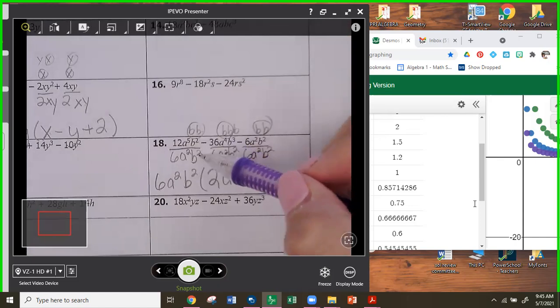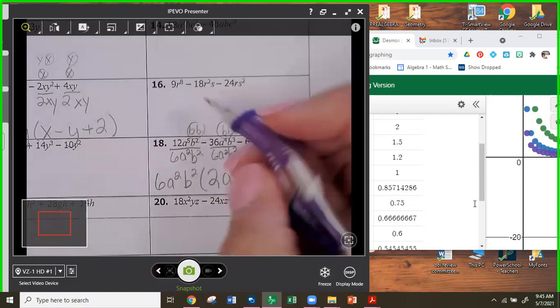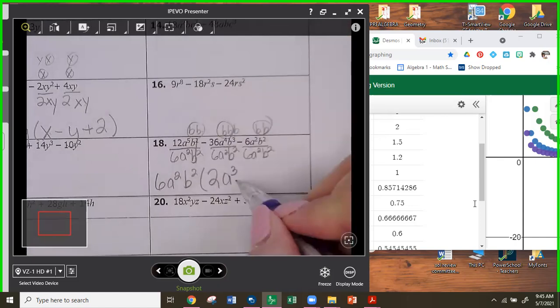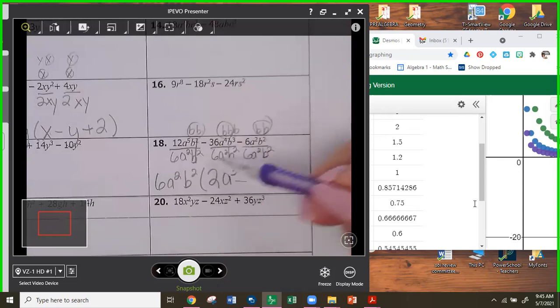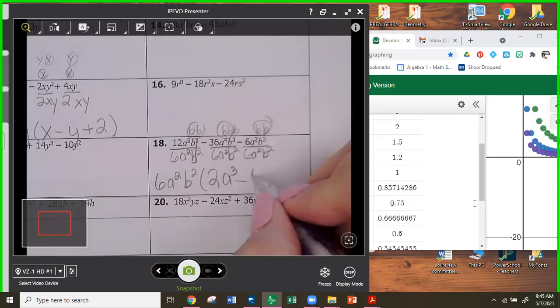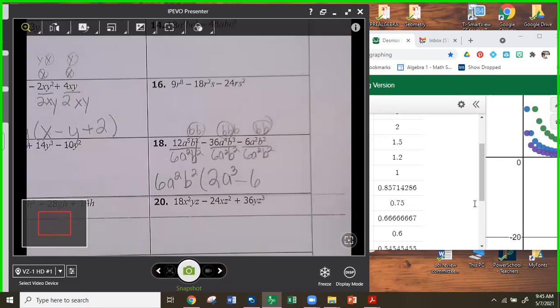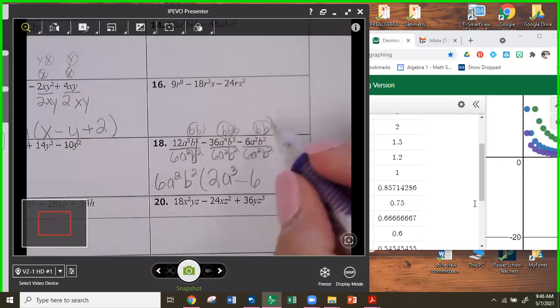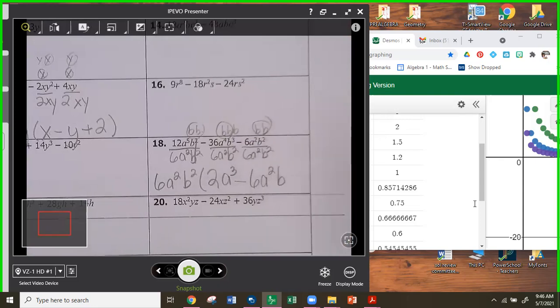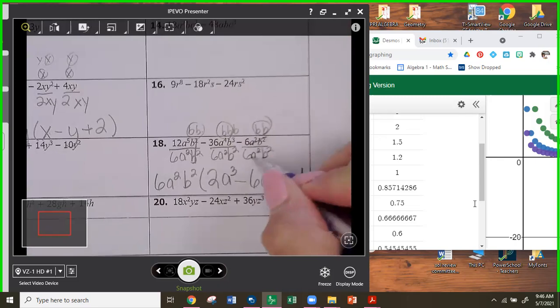B squared over B squared. Okay, and what's 36 divided by 6? Okay, how many A's would I have, Landon? 2. B's? 1. Okay, now what about my last term? Cancel, cancel, 6 divided by 6 is 1.